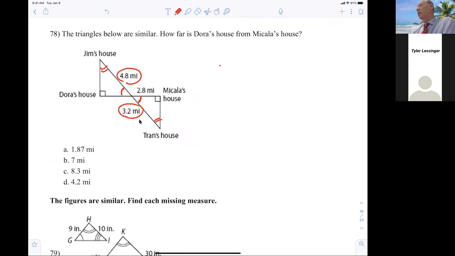Everybody's got to watch. 3.2 over 4.8 is equal to. Now, this is same. Do you see what I'm saying? This corresponds to this. So it would be 3.2, 2.8 over x. Does everybody agree with that?